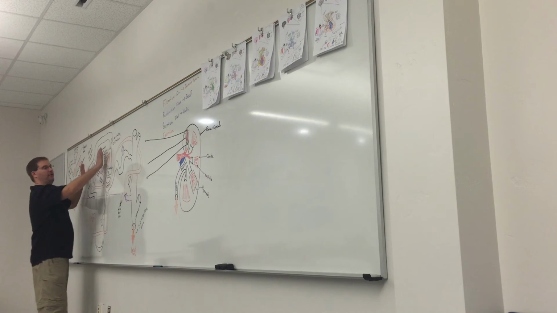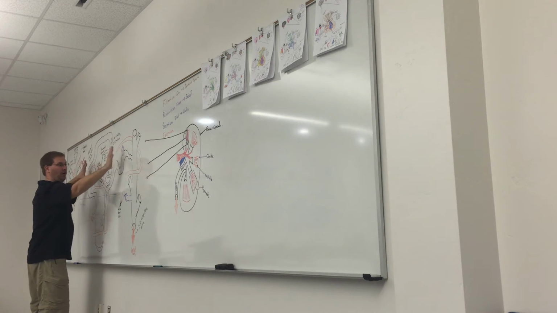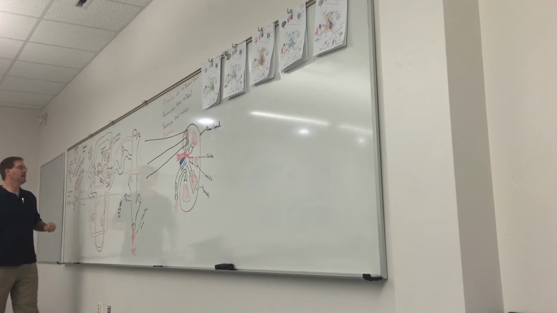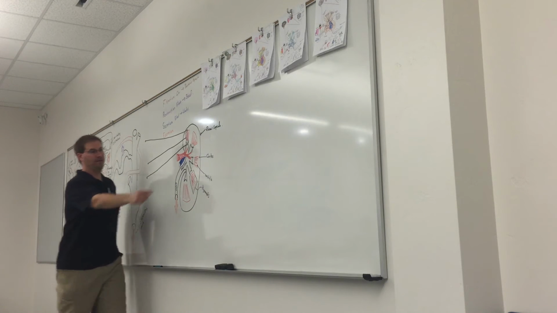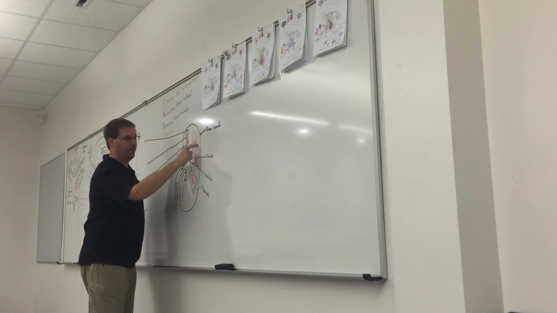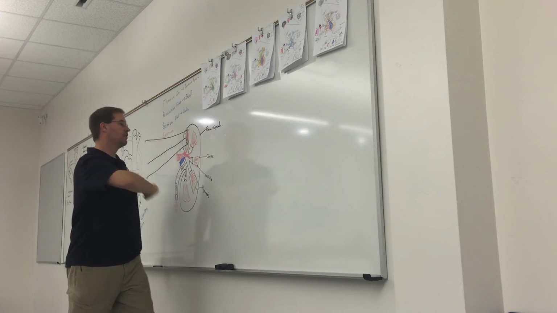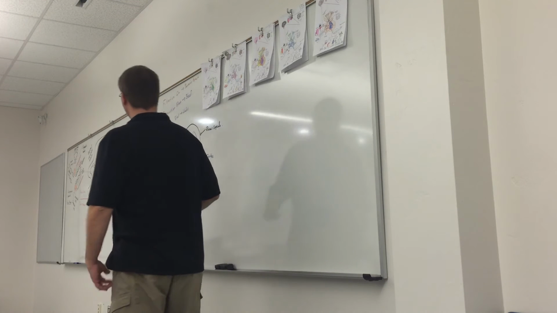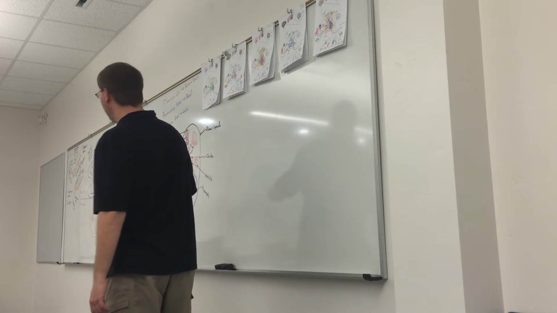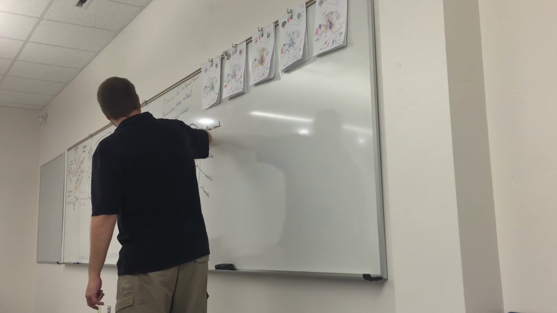So all of this stuff right up here is where? In the renal cortex. So the glomerulus, the Bowman's capsule, and the proximal tubule all exist here.